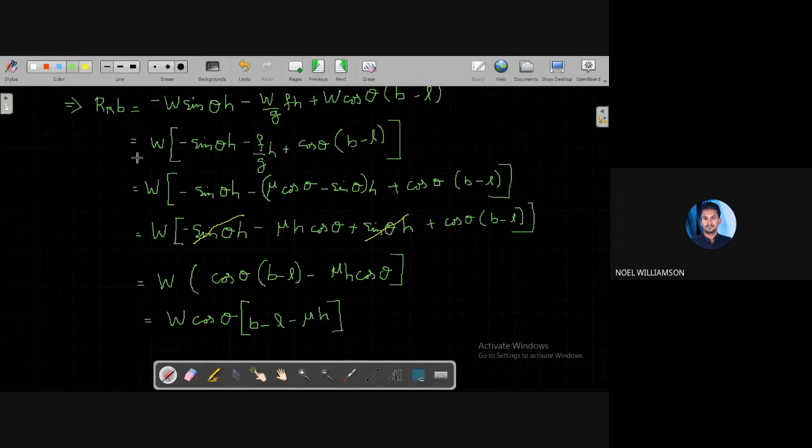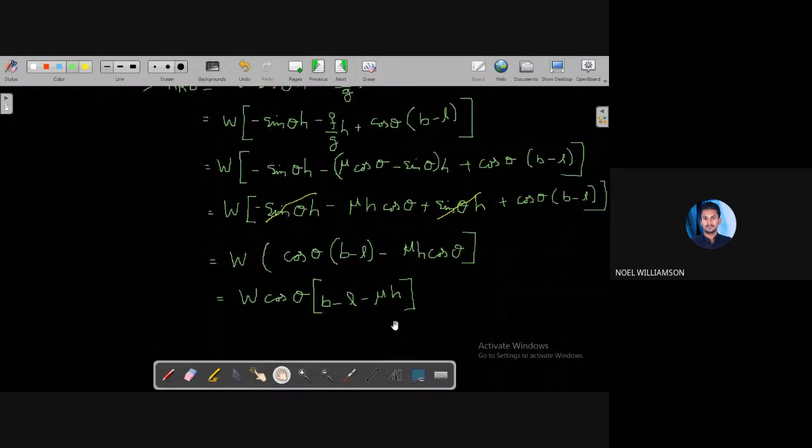So RR equal to, so you will get the relation for RR.